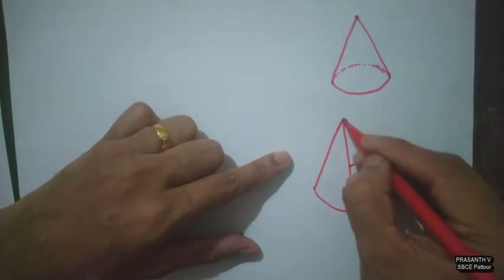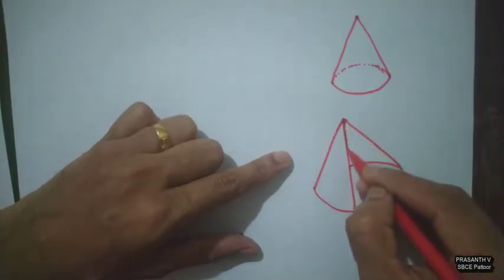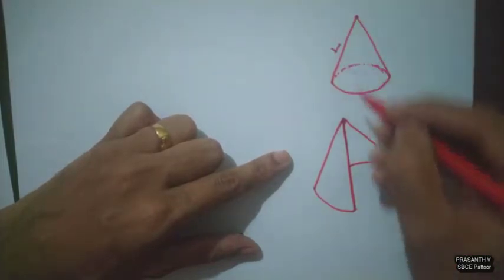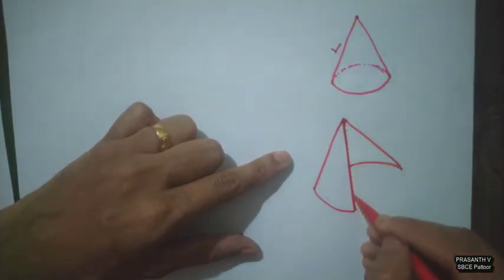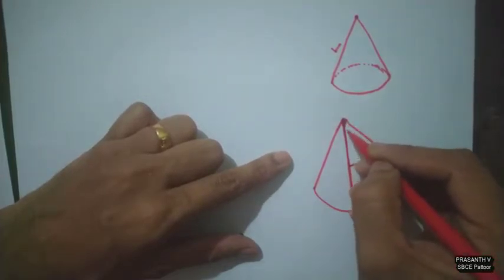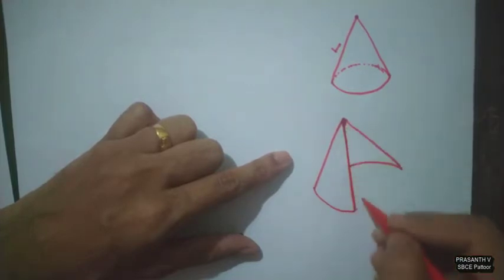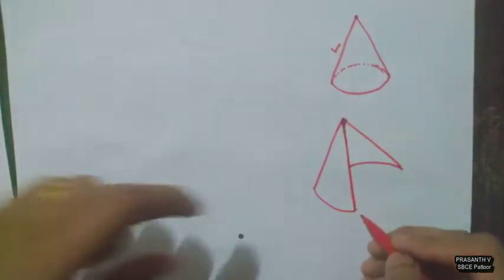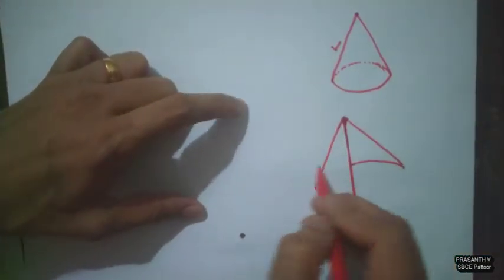See here, this will be the length of the end generator. In this development we will get a radius of the development like this. So I will draw it here.